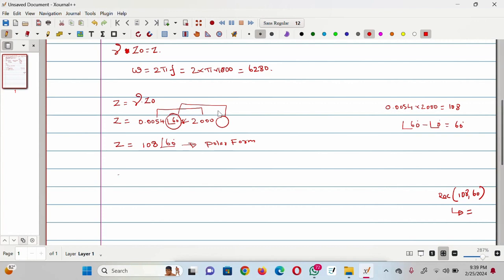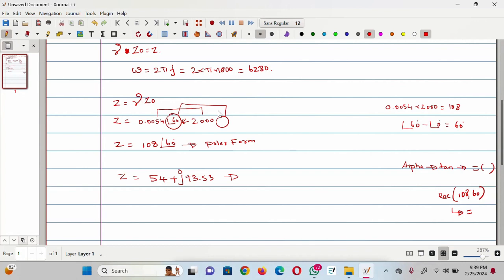So z equals 54 plus, then press the alpha key and go for tan, then equal, and one value will come, that is the imaginary term. So 54 plus j93.53.